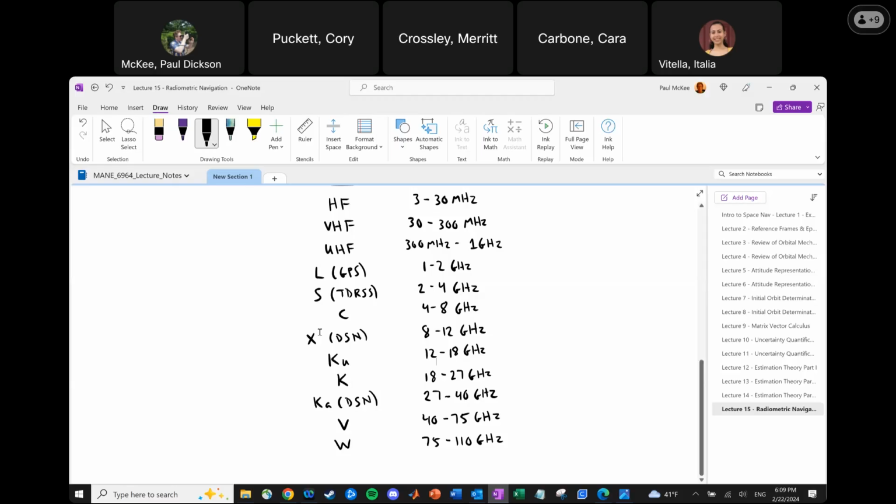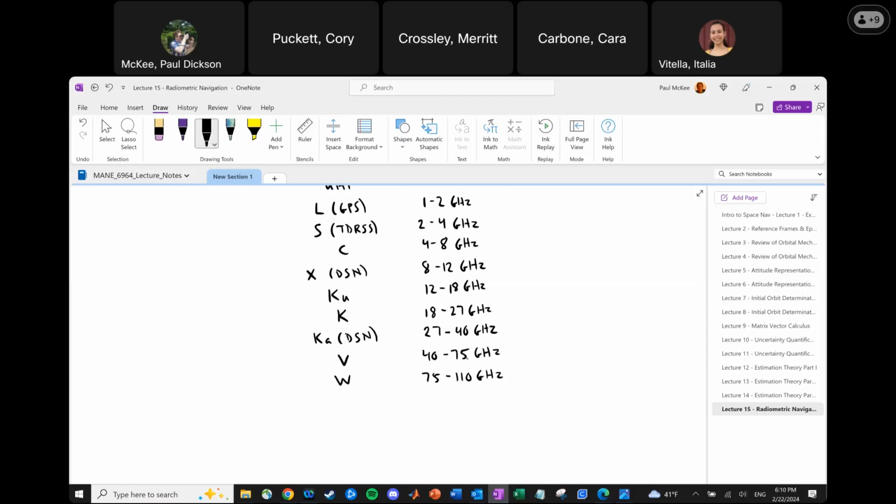So there are two fundamental classes of radio wave measurements.